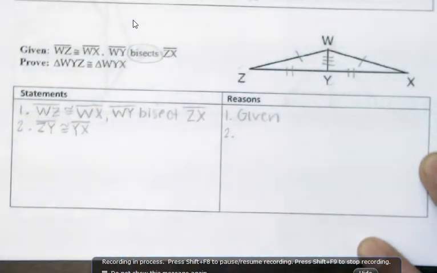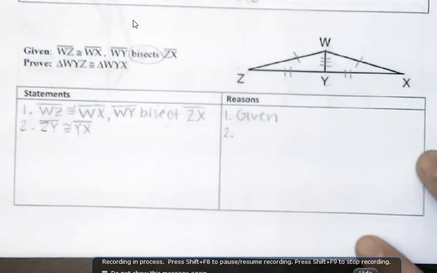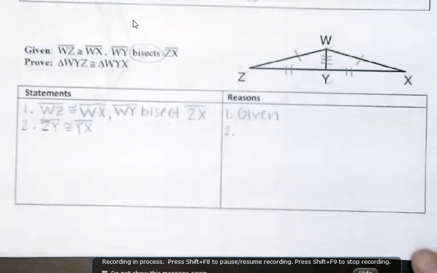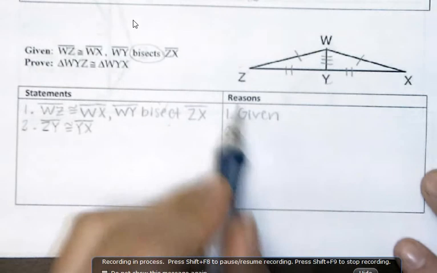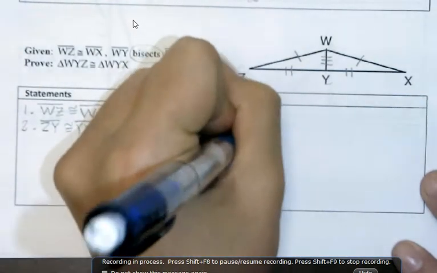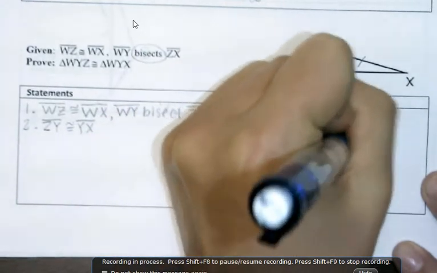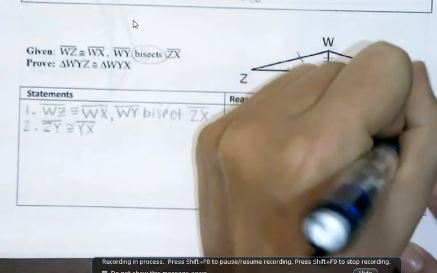So I'm probably going to want to use that definition when I do my proof. If you have some vocab word as your given, you're going to want to use it. So that gives you a big hint for your reason. So my reason here, definition of segment bisector.